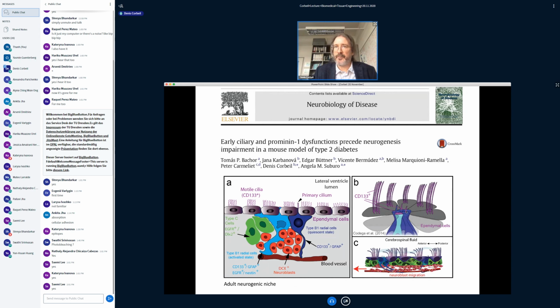Both cilia, the primary one and the multicilia, also contain CD133. And these cilia are very important for the movement of the cerebrospinal fluid that you have in the brain. So they are moving, and with this you have the movement of the fluid.